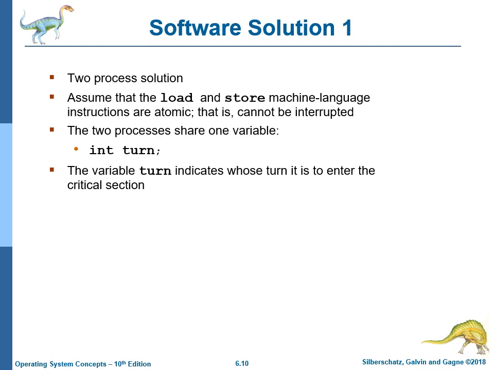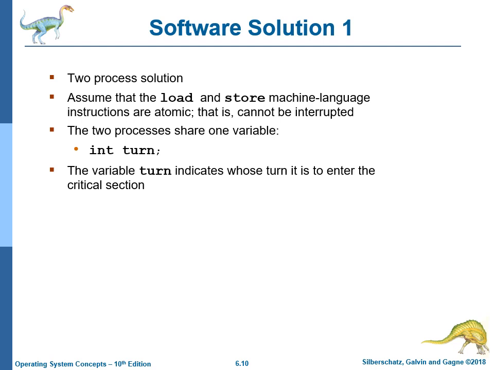So solution pertama dia ialah dia solve dengan menggunakan software solution, iaitu gunakan load and store. Load and store ni you dah belajar dalam machine language. Dalam machine language kita ada satu function which is load and store, which is specific instructions, okay, that cannot be interrupted.